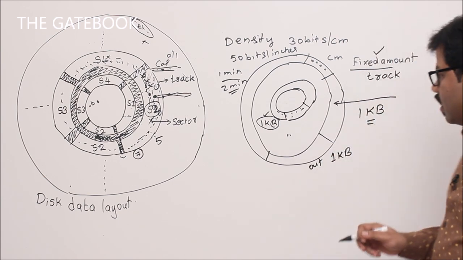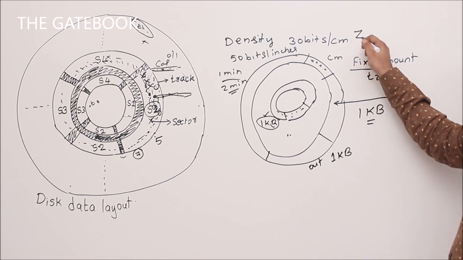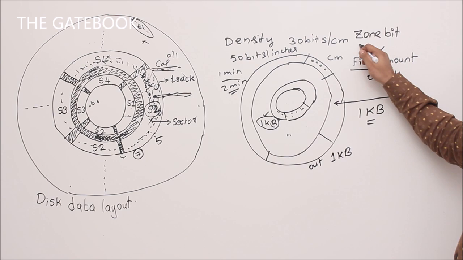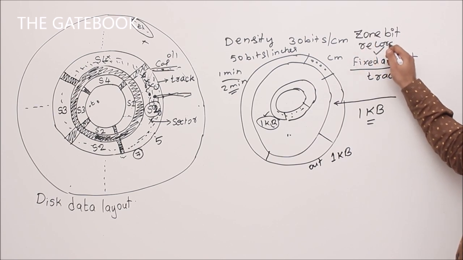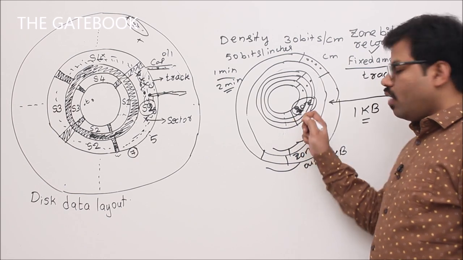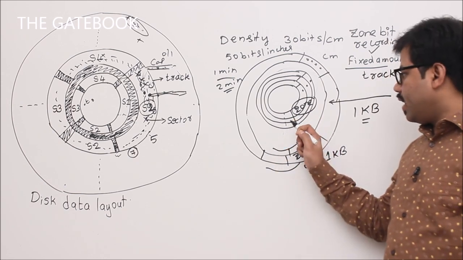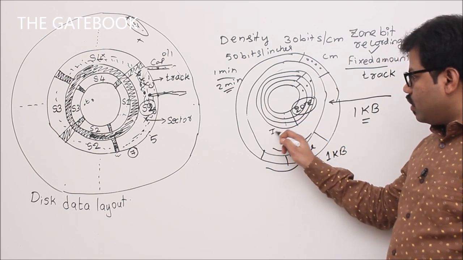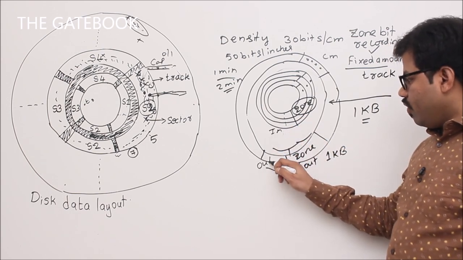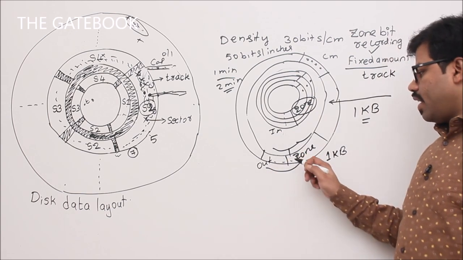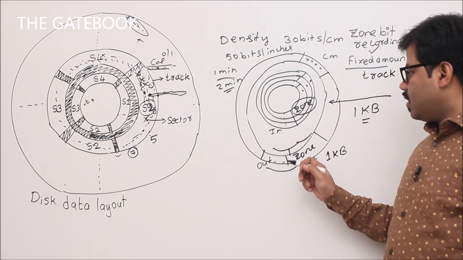Understand? But there is another method called zone bit recording. In zone bit recording, for a particular zone, the amount of data which we are going to store per track is fixed. But when we go to outer zones, let's say this is the inner zone, this is the outer zone, when we are moving outside, the number of bits which we are going to store per track will increase.